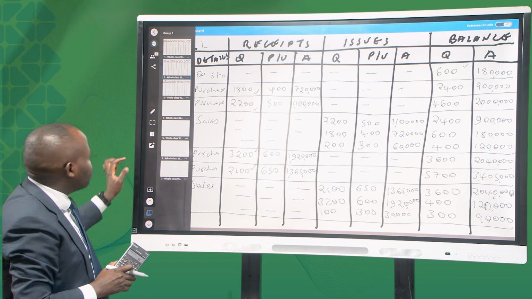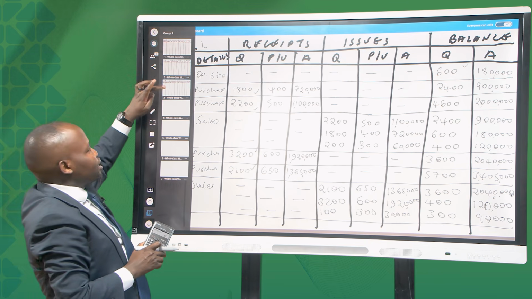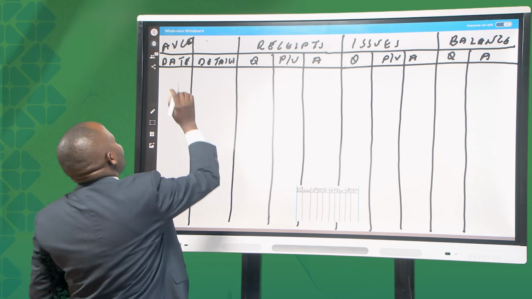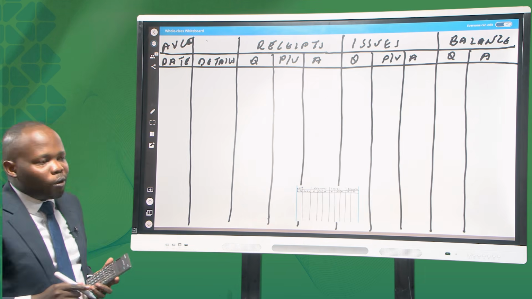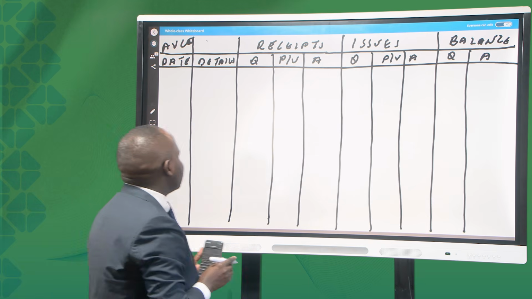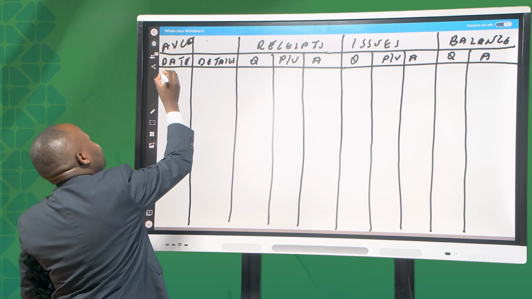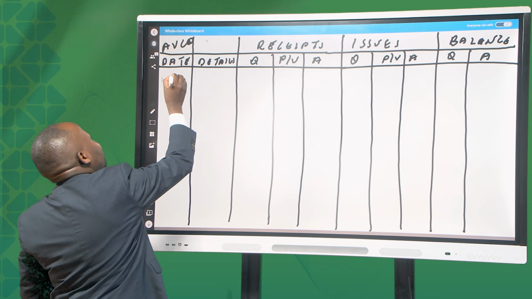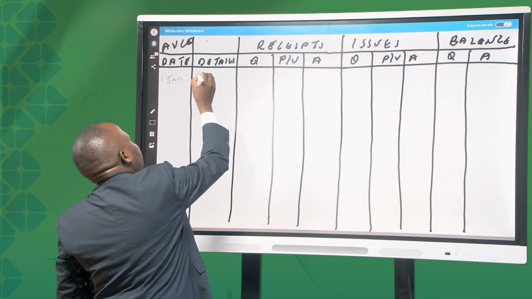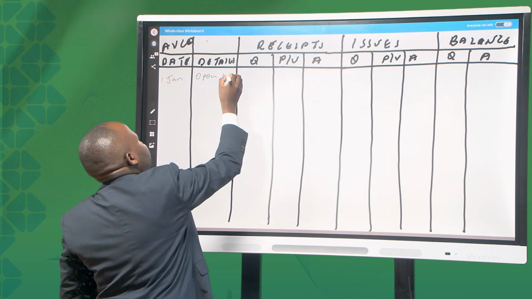The last method is known as average cost method. So in our average cost method, we want to now look at it. Using the same question, we see where the difference is. So on 1st January, there was opening inventory.